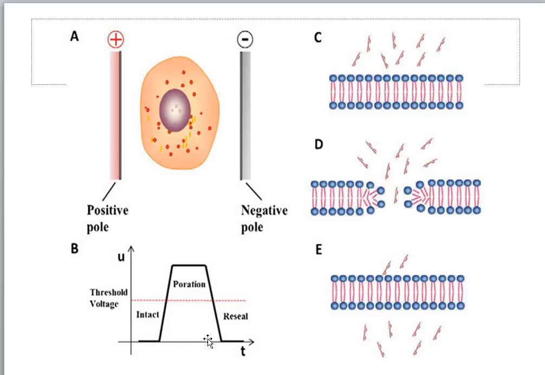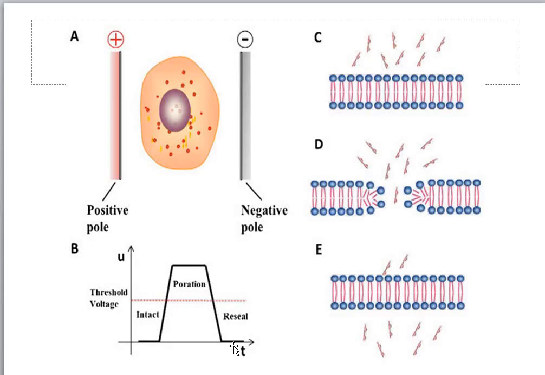Now this is the graph showing that when the cell is intact, there is no change. Then once the electric field is turned on, then what will happen? DNA will start to enter. So the threshold of voltage will be more when the electroporation pores are created.